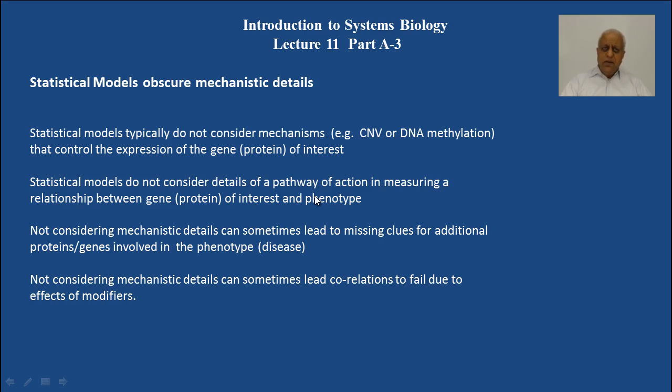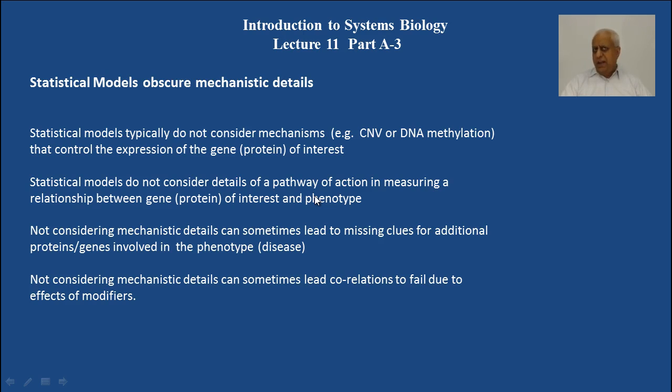So when you don't consider these mechanistic details, sometimes you miss out on clues, and these missing clues, often if they're modifiers of the phenotype, can lead to limitations in your ability to predict whether changes in a certain gene or a locus will cause a certain change in the disease, because that may be only valid under certain conditions and not under other conditions. So not considering the mechanistic details can lead the correlations to fail.